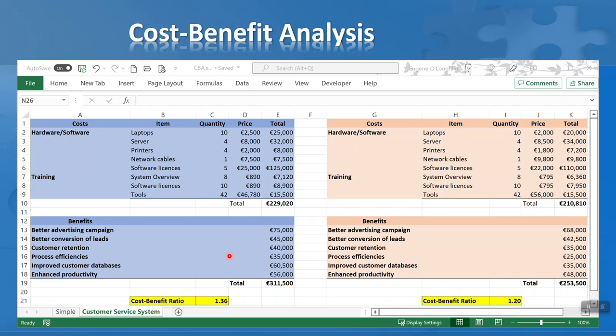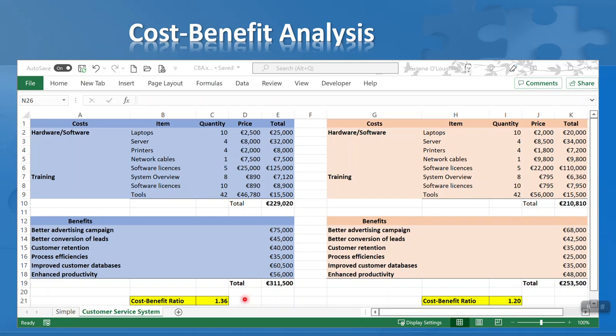But when we come to the benefits, the blue supplier is offering us total benefits of €311,500, which is considerably higher than the benefits being offered by the brown supplier here on the right hand side of €253,500. So when we work out then the cost-benefit ratio, which is dividing the benefits by the costs, we can see that the cost-benefit ratio for the left-hand side, the blue supplier, is 1.36.